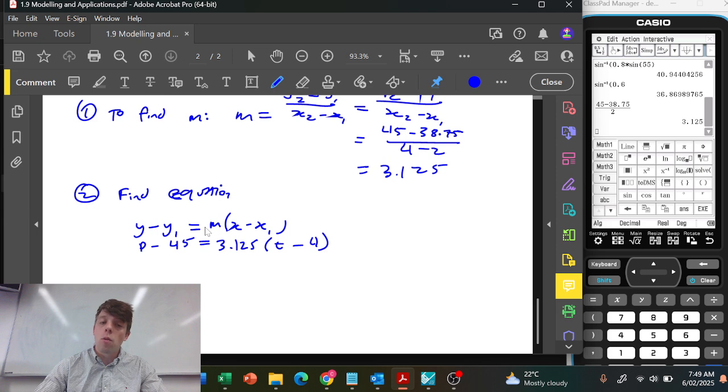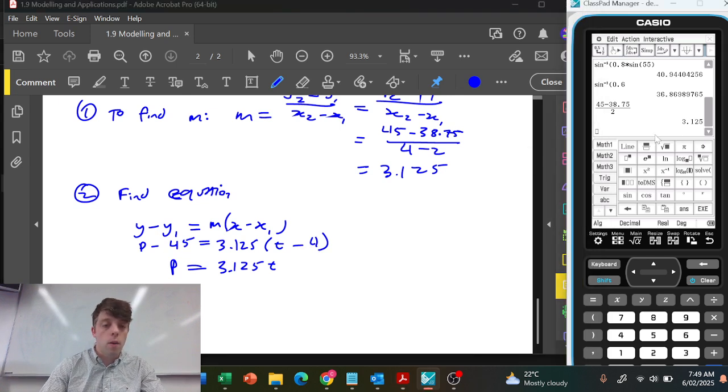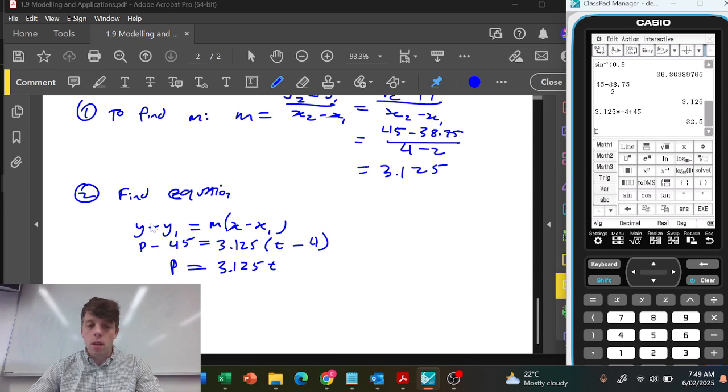All right, and then what we just have to do is just simplify this down and expand this bracket over here. So we're going to end up with p is equal to 3.125t, and then we're going to have this times this plus this. So let's just work out what that is real quick. 3.125 times negative 4 plus 45. Okay, and that comes out as 32.5.